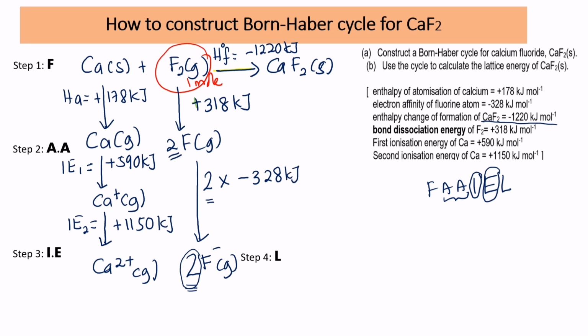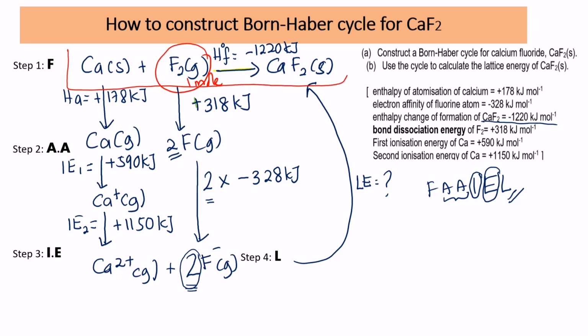Next, last is lattice energy. Ca2+ gas plus 2F- gas will form CaF2. This is the lattice energy. So how do we calculate lattice energy? Remember, the enthalpy of formation is equal to the total of all the enthalpies below.